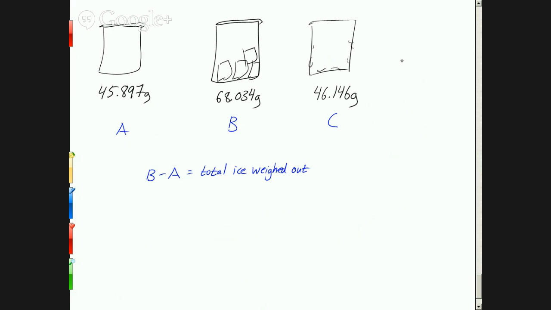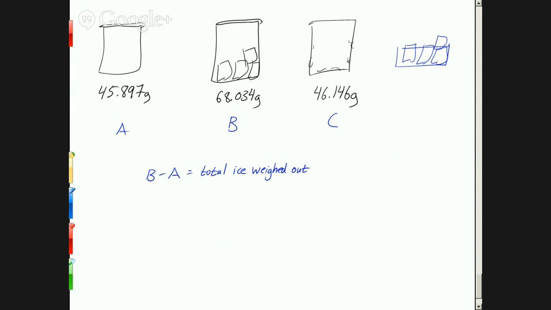So let's call our new container, here's the thing we dumped the ice into. And we want to know how much ice actually got into there. How do we figure that out? That's what we want to know. What's the mass of the ice in this new container? C minus A?